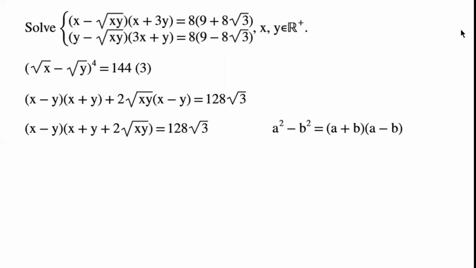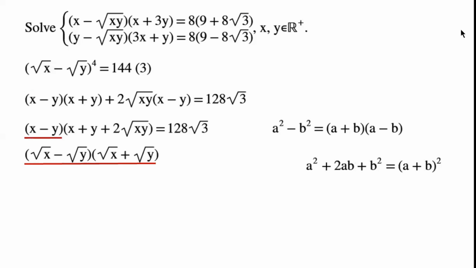We know a difference of two squares, a squared and b squared, can be written as (a + b)(a - b). So we can now write (√x - √y)(√x + √y).